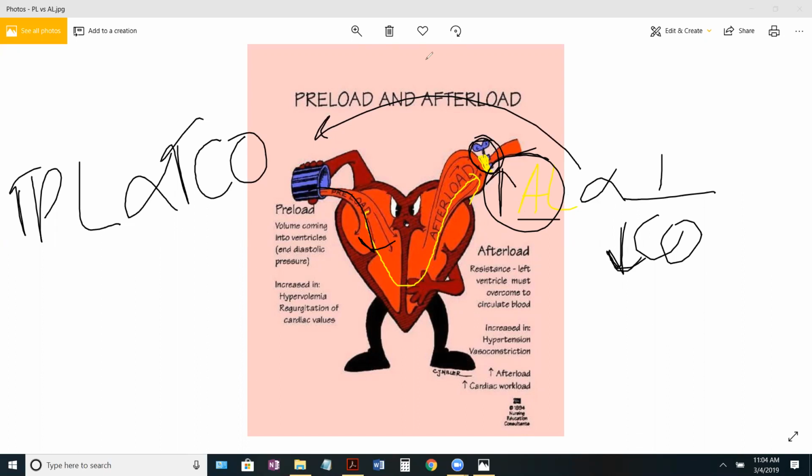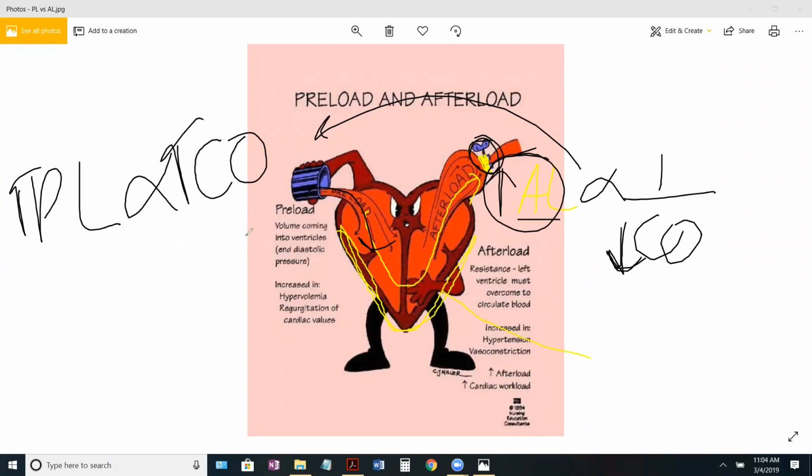That's how we think of the preload and afterload, and the third thing in between these two is the contractility of the heart. Contractility is the ability of the heart to contract. Remember, the heart does not have a constant ability to contract.